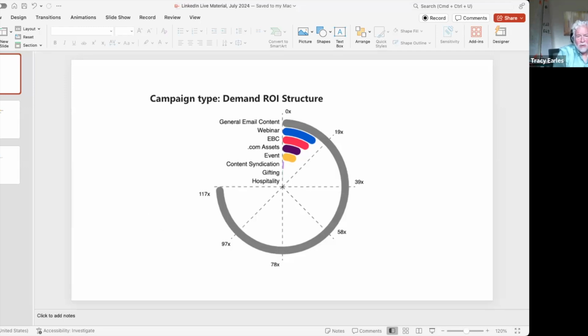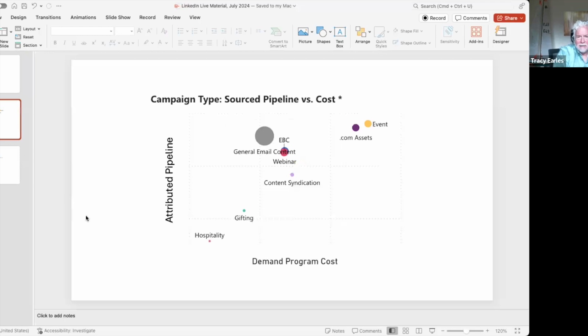Another way to view the same data is on a bubble chart. Again, this is attributed pipeline compared to cost, for demand programs specifically. The size of the bubble is related to the ROI.